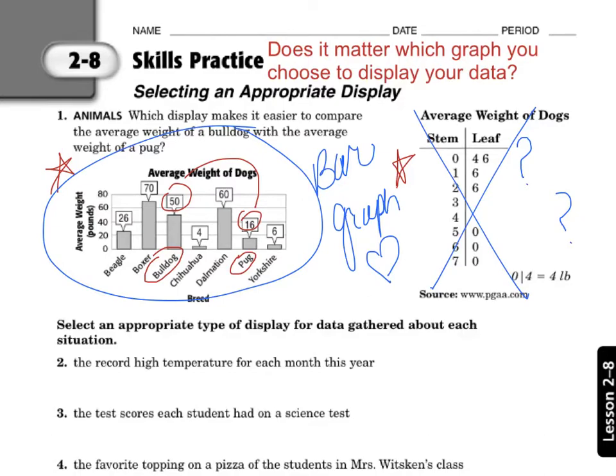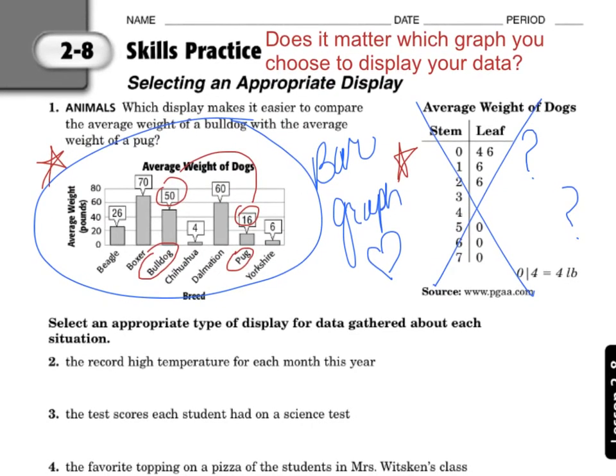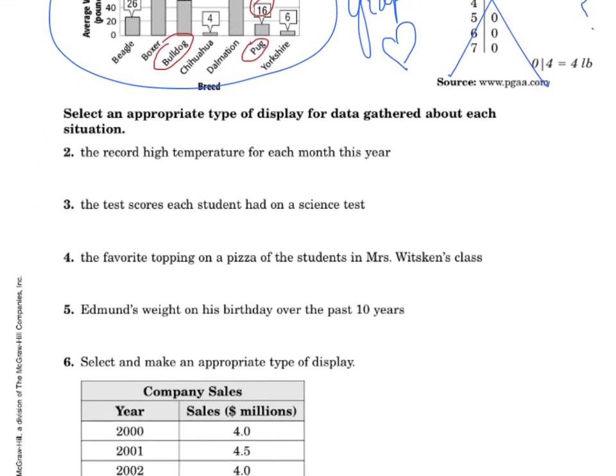Okay, number 2. The next few, we are selecting an appropriate display for each situation. We don't have to draw them. We are just saying which one is the best. So number 2, the record high temperature for each month this year. Our big clue right here is year and month. Those are measures of what?